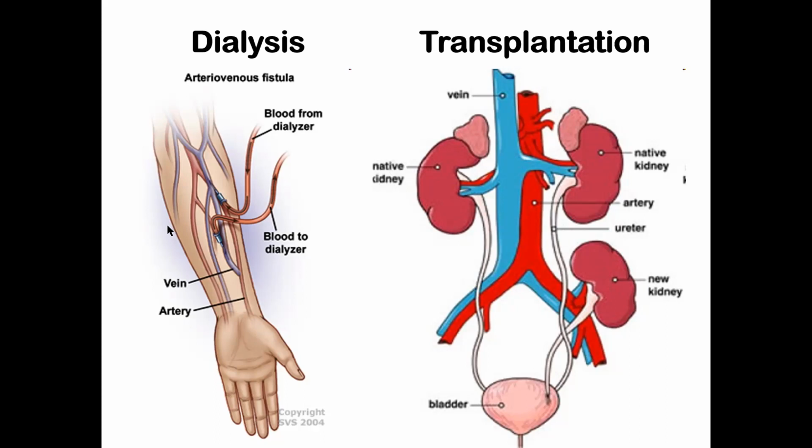So dialysis means that they take blood out of the body into a machine. It removes the wastes through membranes, tubes made of membranes, and they work exactly the same osmotically.